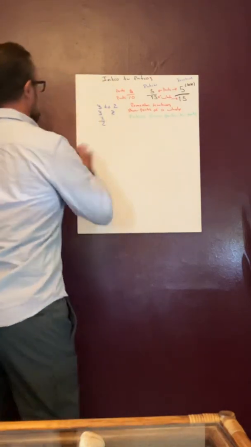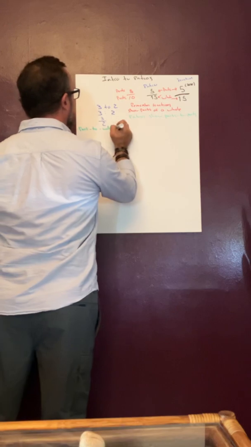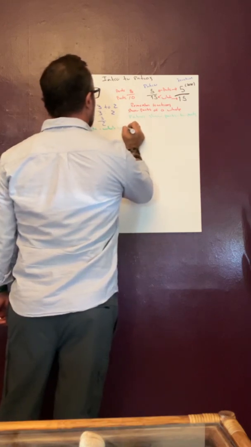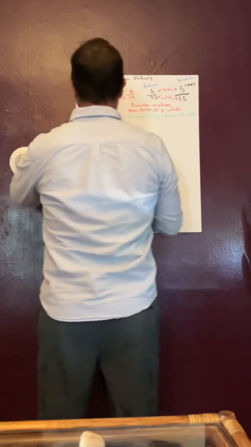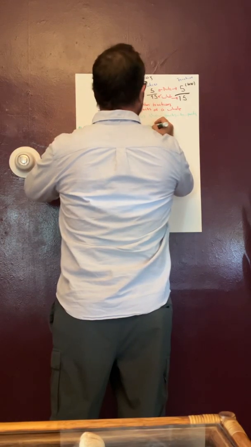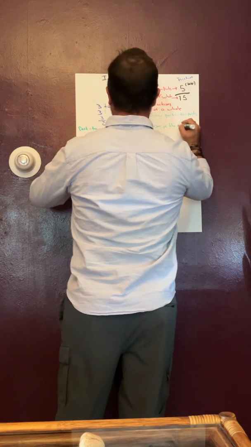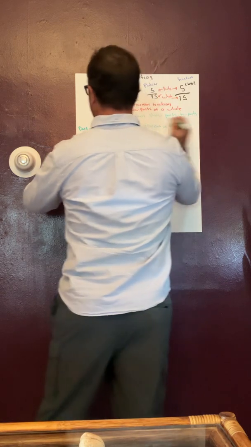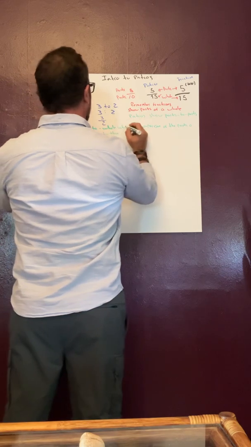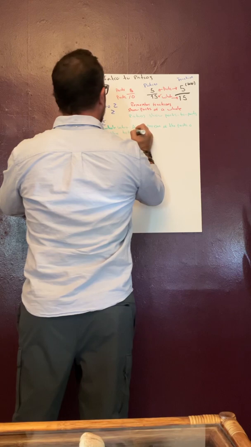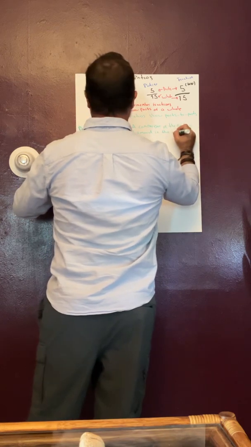Now let's move on with our definitions of parts to parts and parts to whole. Okay, so we'll say part to whole ratio, a comparison of the parts of a whole to the total, T-O-T-A-L, total amount in the whole.